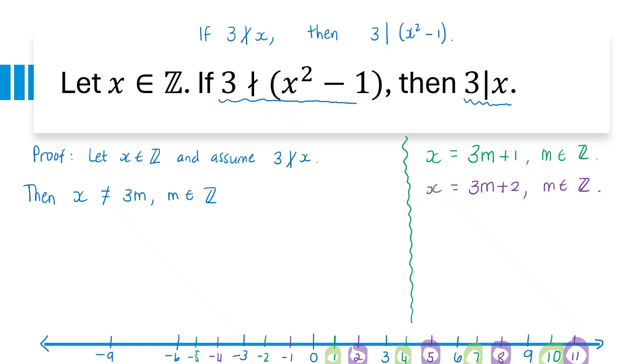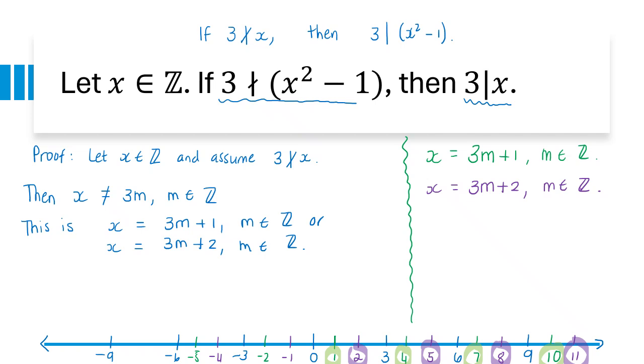Since x is not equal to 3m, x will then either be of the form 3m plus 1, where m is an integer, or x will be of the form 3m plus 2, where m is an integer. We simply need to take a look at both of these cases to try and show that 3 will be a divisor of x squared minus 1.